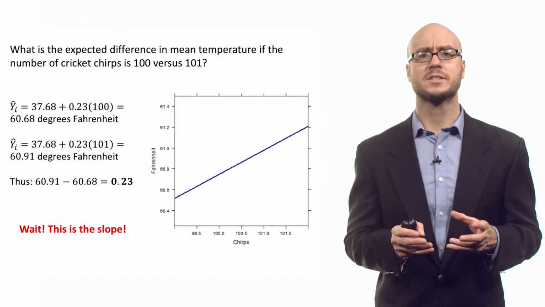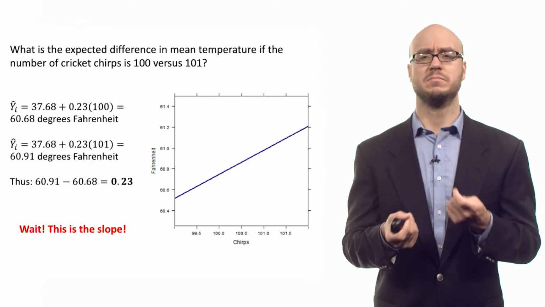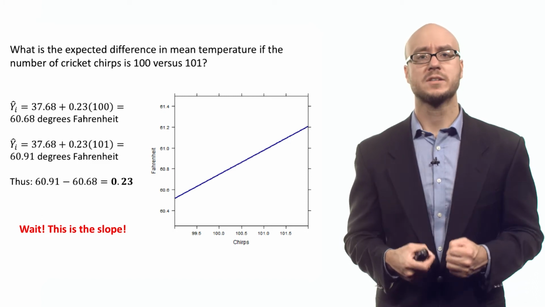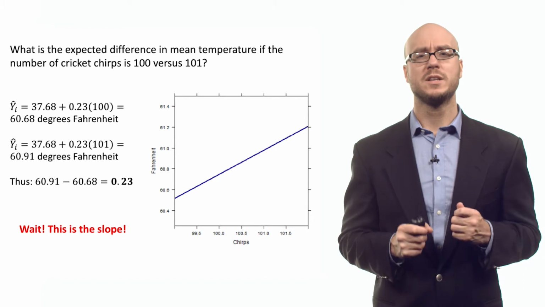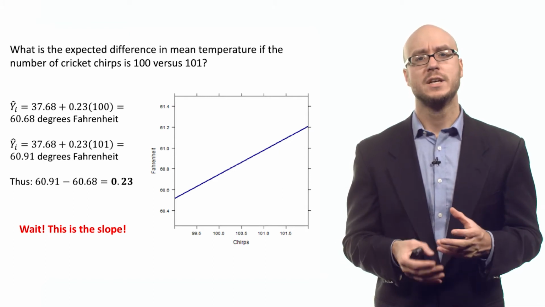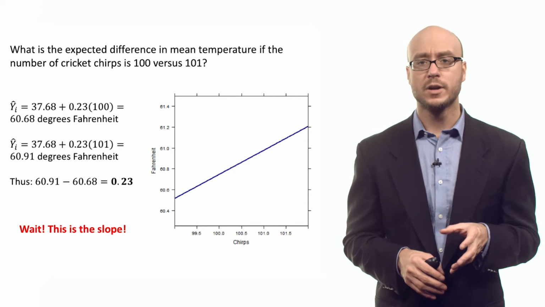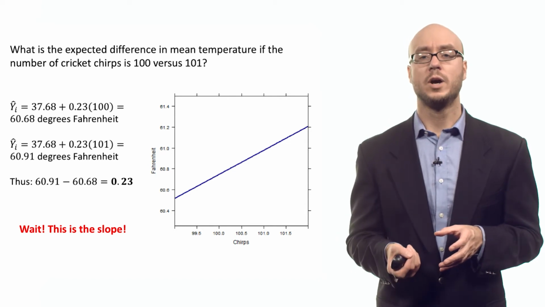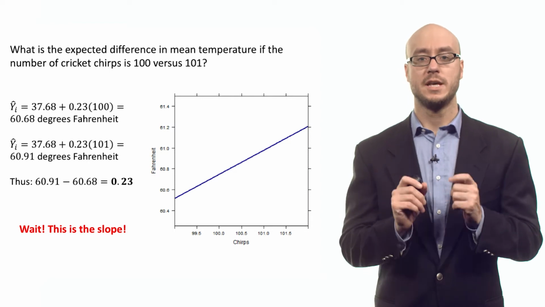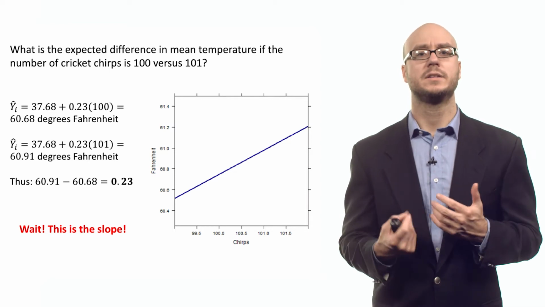You might also ask, what is the difference between certain mean temperatures given different values of x? So we might say, what is the expected difference in the mean or average temperature if the number of cricket chirps is 100 versus 101? We can just put these two different values into the equation and calculate the difference.